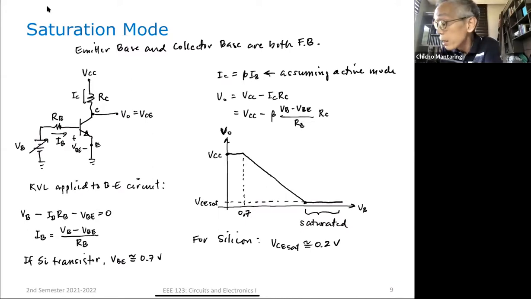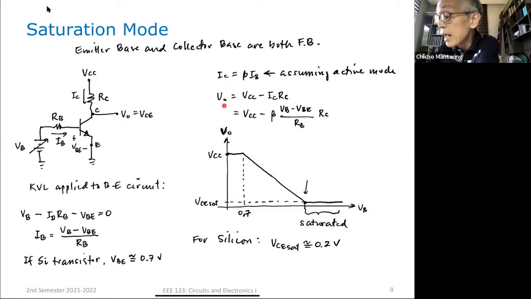So when does this happen? Okay, this happens when V sub O is equal to VCE sat. So you can compute, no?